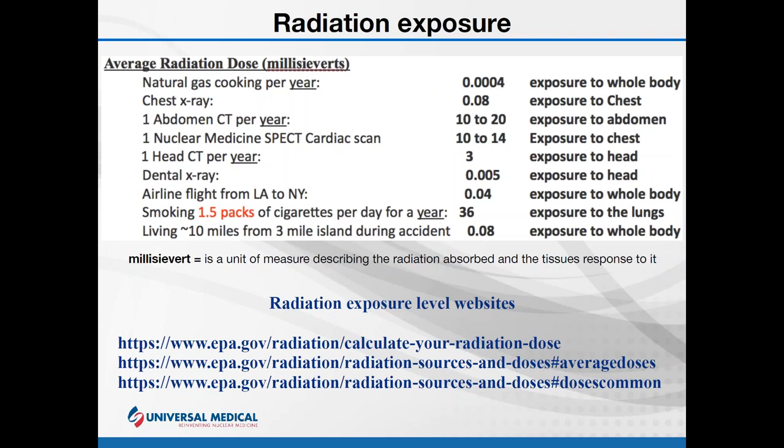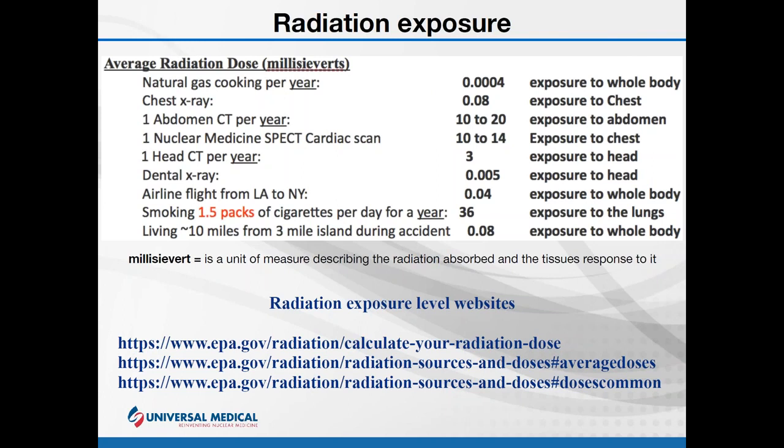If you are curious and you want to calculate your yearly radiation dose, I listed a couple websites here, or actually it's one website and just different links to different places in it. It's the EPA's exposure calculator. They ask you a lot of questions, tons of questions, because they want to take into account many different variables. You know, do you smoke? Do you not smoke? What is your elevation? Do you live at ground level, sea level? Do you live up on the top of a mountain?